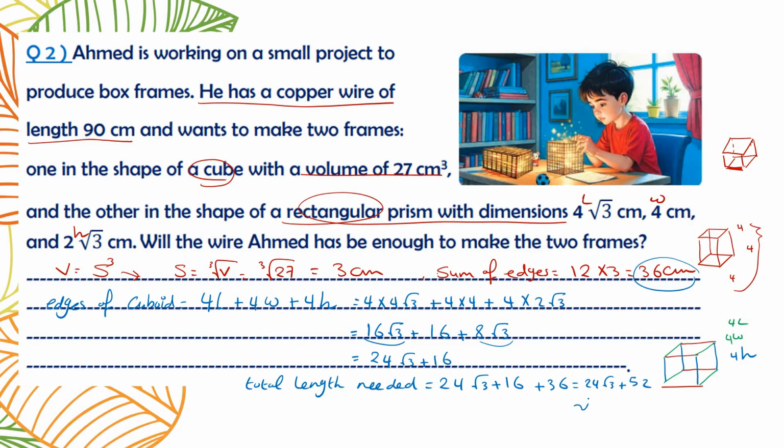And on my calculator it will be approximately what? It will be approximately 26 centimeter. So does Ahmed have enough to make the 2 frames? Ahmed has only what? 90. So no, he hasn't.